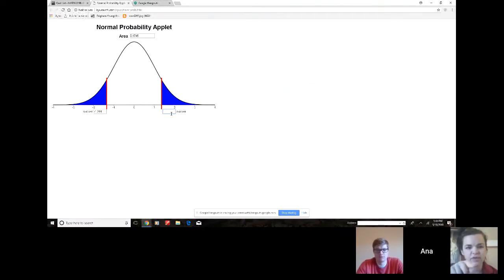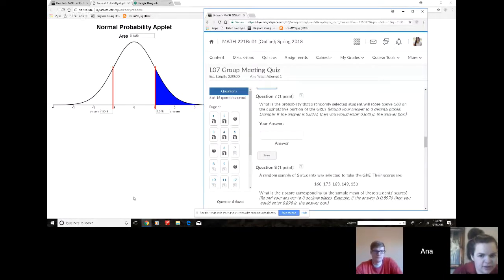That should give you the probability in the area box. So 1.045, above, and only on the right. So that will be 0.1480, and then round to 3 decimals, so it will be 0.148.